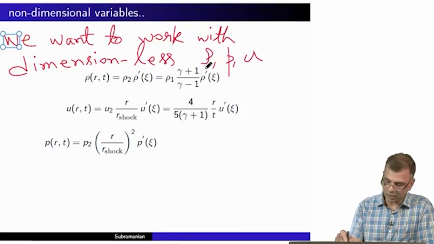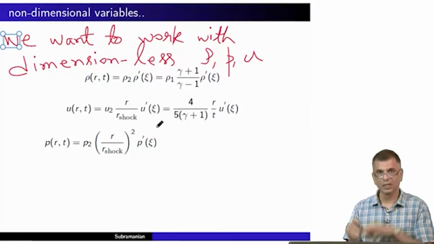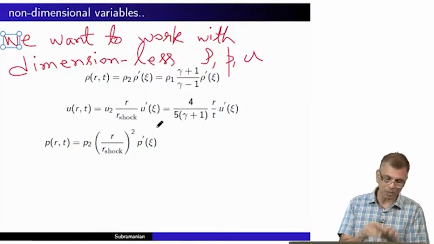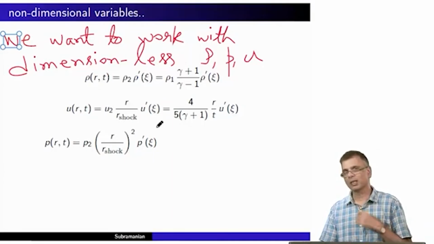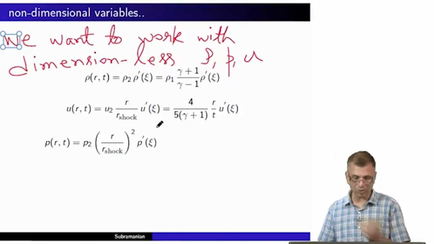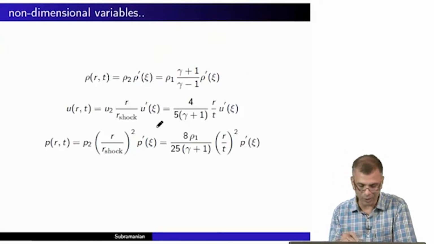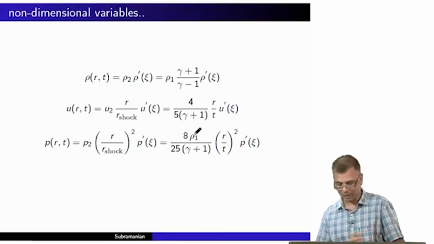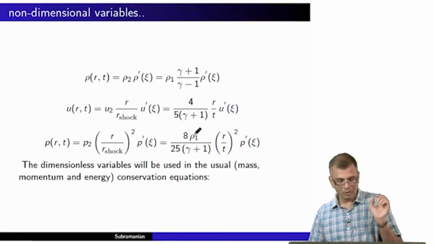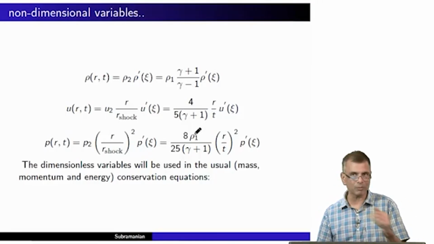This is the dimensionless density, dimensionless velocity, dimensionless pressure. So, having related them to the dimensional quantities, we will see how they fit into the usual conservation equations. Here all we've done is relate the P2 to the P1, more appropriately to rho 1, in this manner. So the dimensionless variables will be used in the usual conservation equations of mass, momentum, and energy.